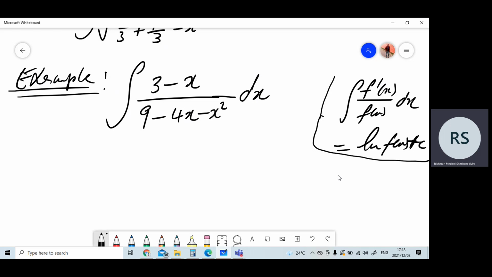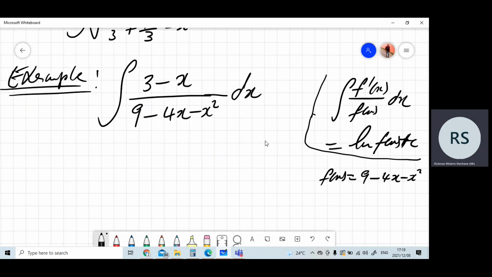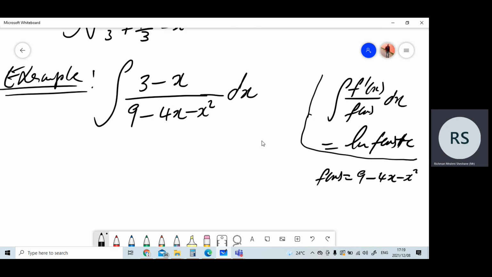So we treat f of x to be 9 minus 4x minus x squared. If you check the derivative of this denominator function, the derivative is 0 minus 4 and minus 2x, so minus 4 minus 2x.